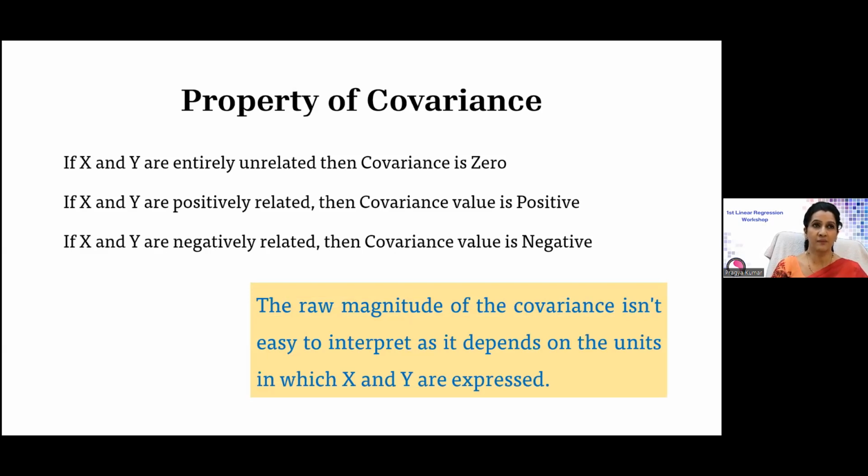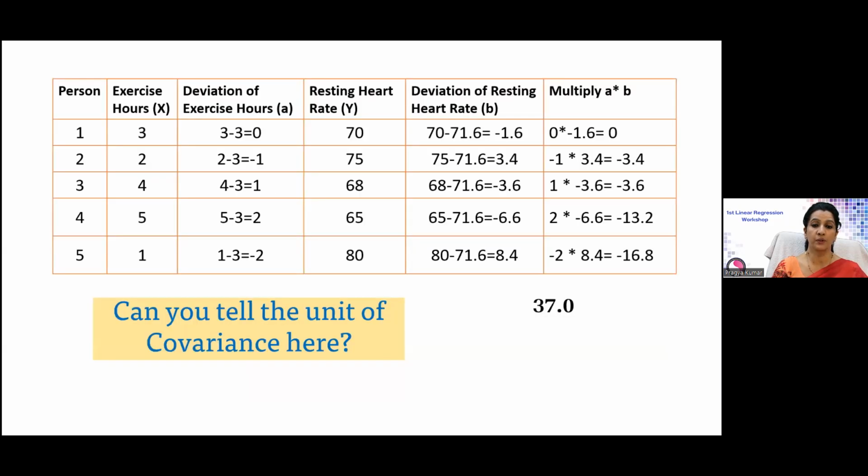So in this case, because these are the raw values, it is not easy to interpret because it depends on the units, and units would be very different. In this case, we have added it, but the units are, one is in hours and the other is in the number. So what will be the unit? So how do we calculate the units of covariance?